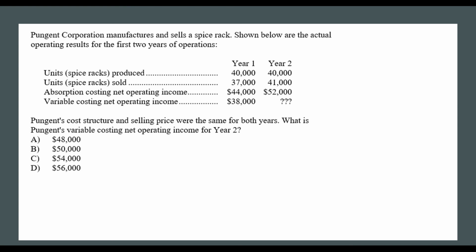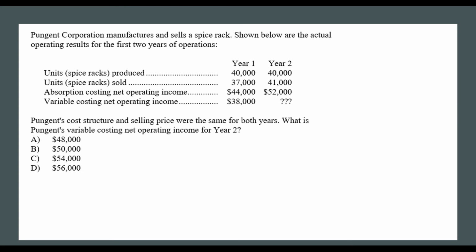Absorption costing net operating income is 44,000 under year 1 and in year 2 it's 52,000. And we have here your variable costing net operating income of 38,000 under year 1 and question mark for year 2. Pungent's cost structure and selling price were the same for both years. What is Pungent's variable costing net operating income for year 2?